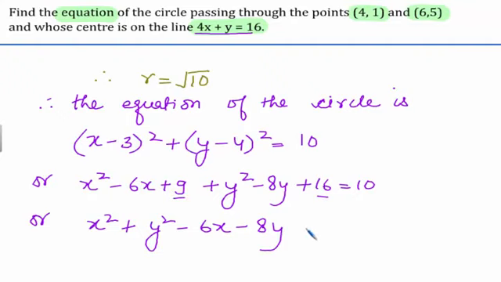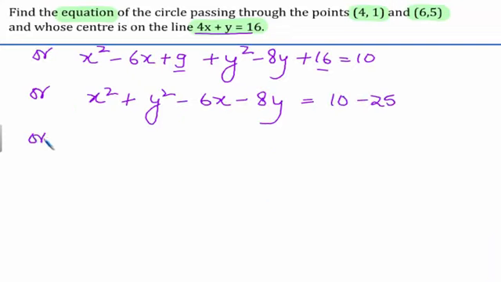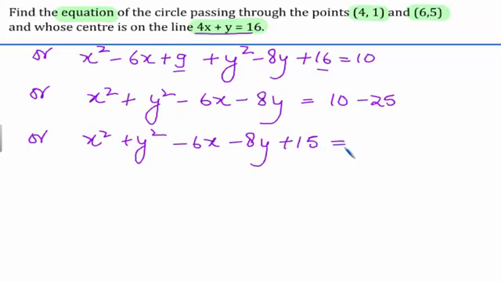Taking this on the right hand side, we get 10 minus 25, or this can be written as x square plus y square minus 6x minus 8y, and on simplifying the right hand side we get minus 15. Bringing it on the left hand side we get plus 15 is equal to 0.